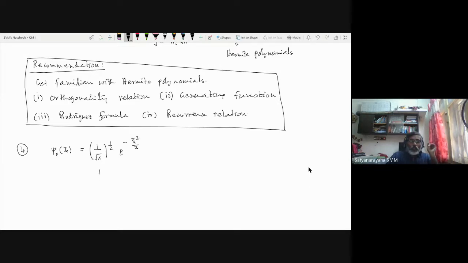Now, this wave function is a Gaussian wave function. So we have xi here, and then it has a Gaussian wave function. This goes to zero only at plus infinity or minus infinity, and there is no node. Node means the wave function will become zero there, so there is no node.